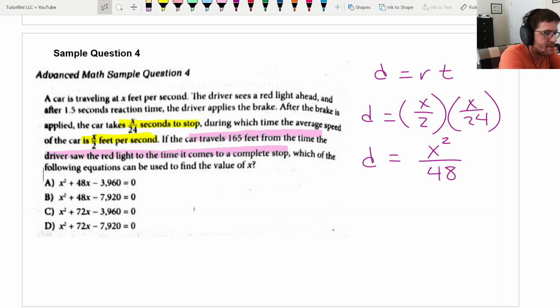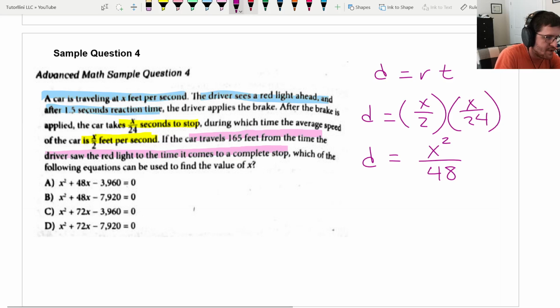Okay, so I kind of missed this part at the beginning. It's traveling at x feet per second. And the driver has a 1.5 second reaction time. So the distance he's going to travel is rate times time. So the rate is x and the time is 1.5.